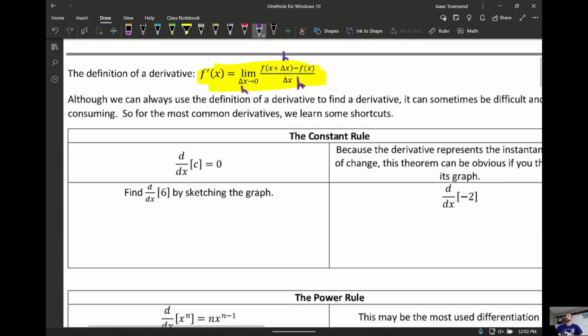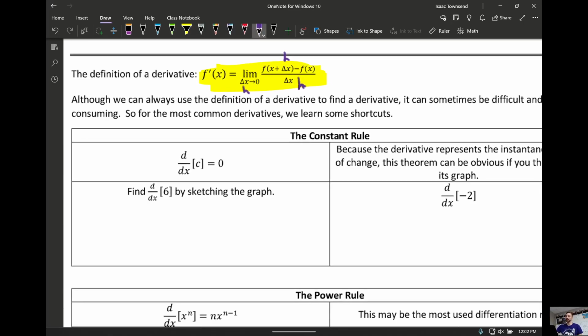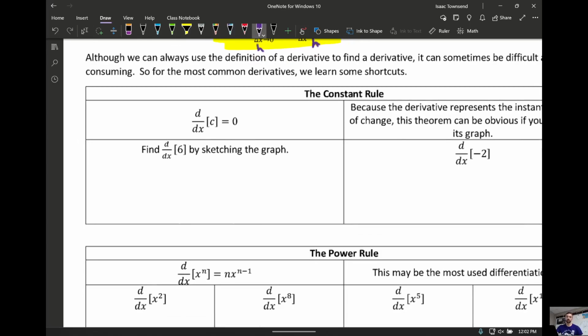Okay, so the first type of derivative you need to know how to do is how to take the derivative of a constant. So if I want to know what is the derivative of 6, let's sketch that graph. What does the line y equals 6 look like? Okay, it's a horizontal line, and what's the slope of a horizontal line? 0.